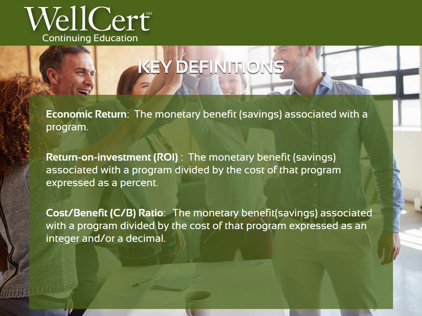So that means that a 3.0 cost benefit ratio would be $1 of cost to $3 of benefit, and that would equate to a 300% return on investment.